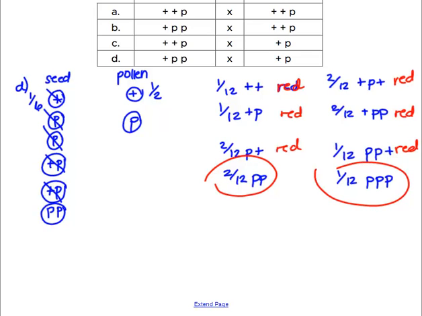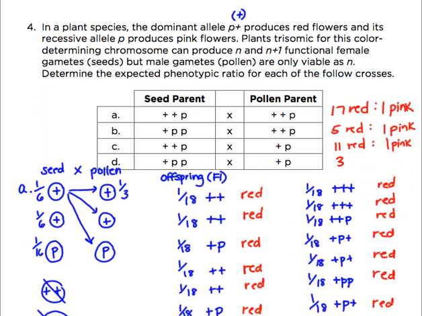So you have 2, 3, 4, 5, 6, 7, 8, 9, 9 red to 3 pink, which you can simplify down, divided by 3, to 3 red, 1 pink. Okay, so you have these answers to the right for each of the crosses, and you can see when aneuploidy comes into play, you get a wide variety of offspring phenotypic ratios.